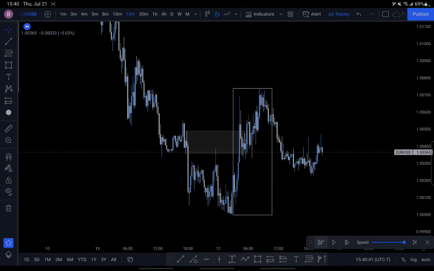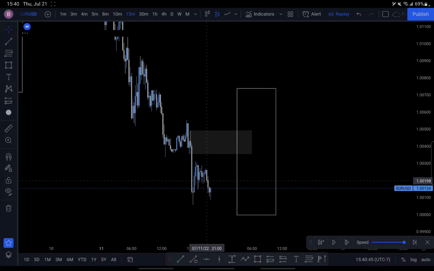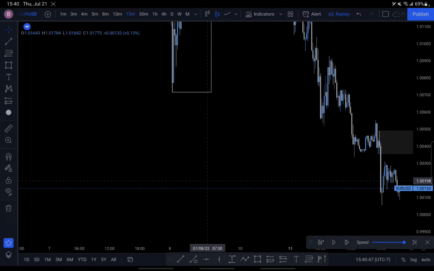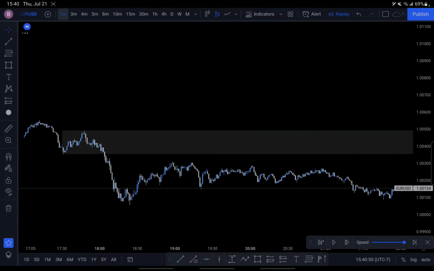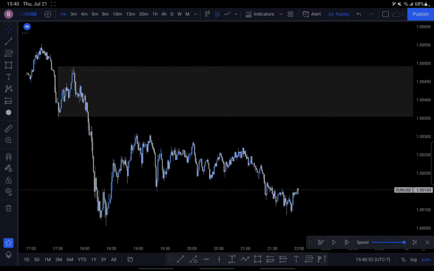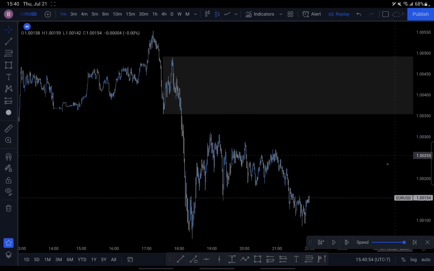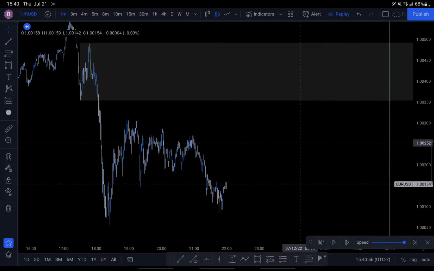And then let's just see. So I'm gonna go ahead and rewind price, probably here, and let's see how it played into our supply zone. Let's go back to our 1 minute. We'll zoom out on price and let price play out.